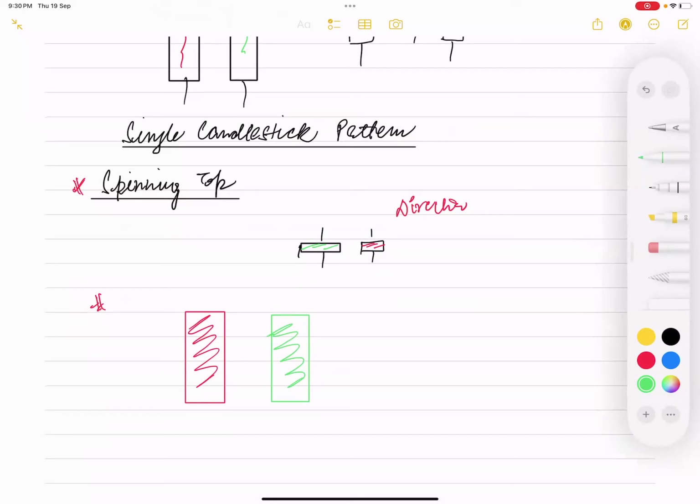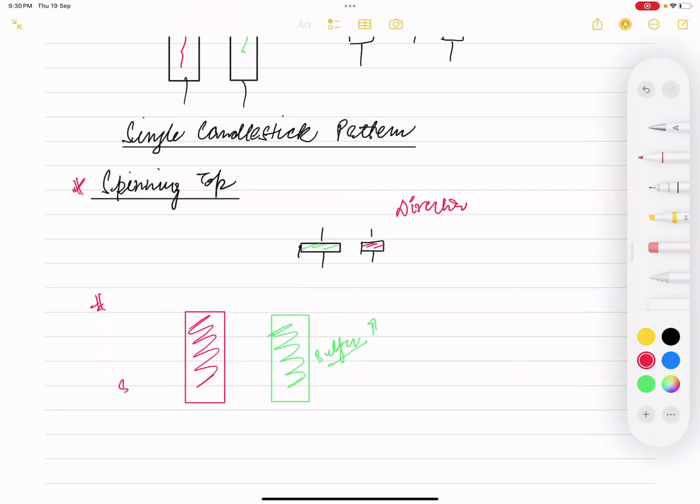It can be a green Marabuzu or a red Marabuzu. If it's a bigger Marabuzu, the size of the candle is really big. It indicates that buyers are taking price upward, and generally these patterns have a strong candle that forms around.